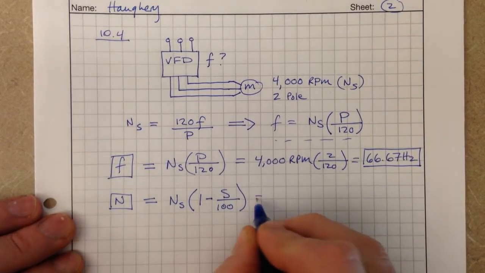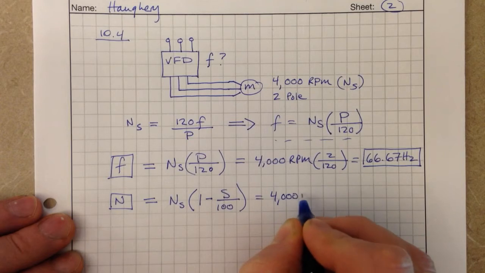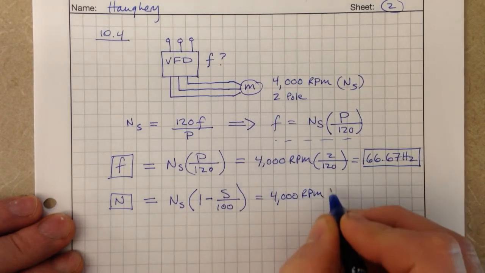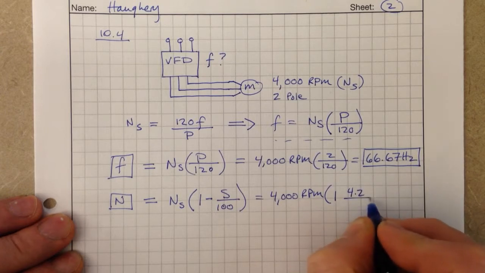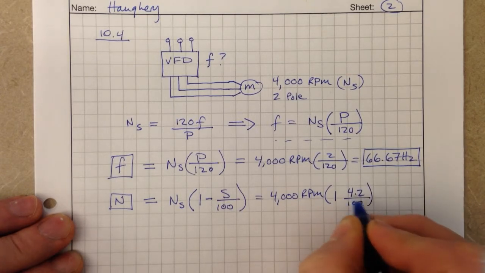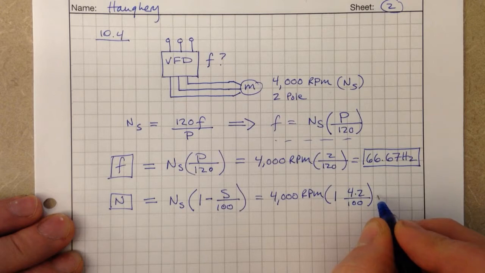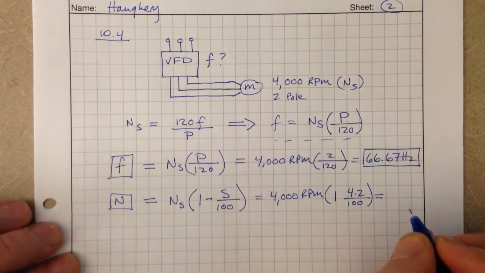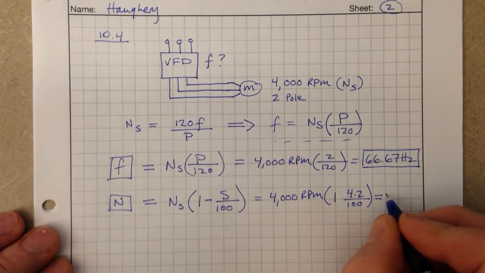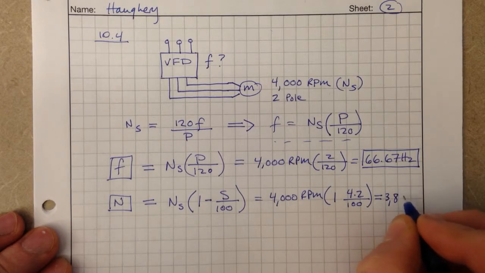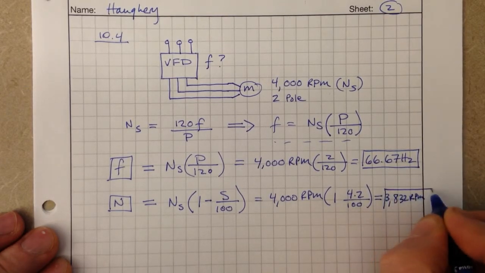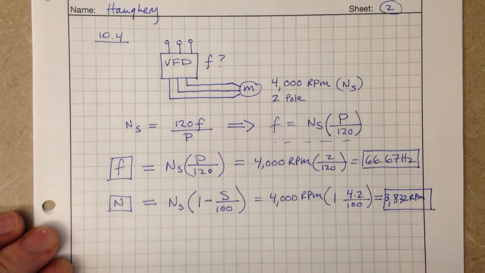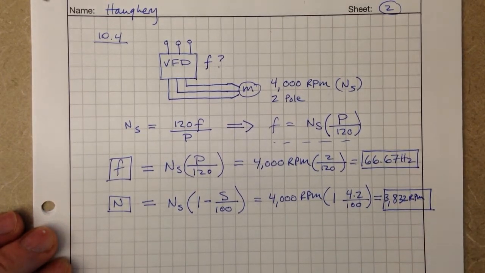Looking at synchronous speed, we have 4,000. We're assuming our slip is 4.2% divided by 100, and again you put that in as 4.2, and you come out with 3,832 RPMs. Rotational speed, the speed at which the rotor is spinning.